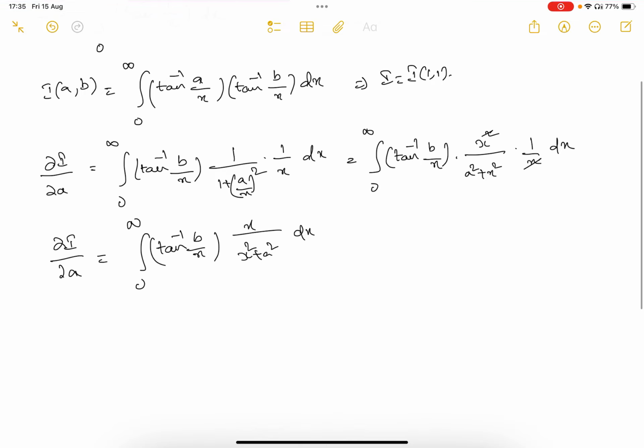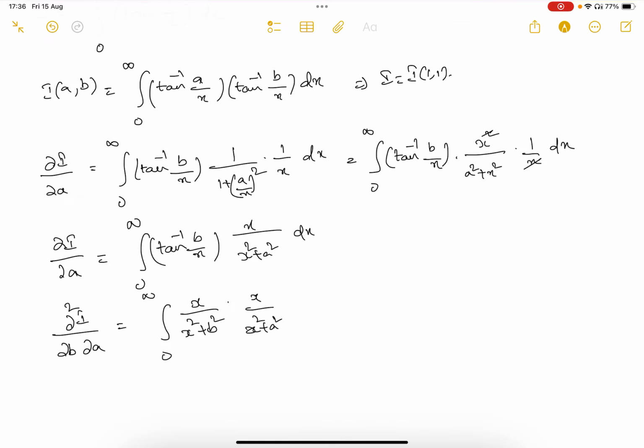So if you differentiate again with respect to b, then it will be dou square I by dou b dou a. It will be of similar form, right? It will be the same as for the a case.